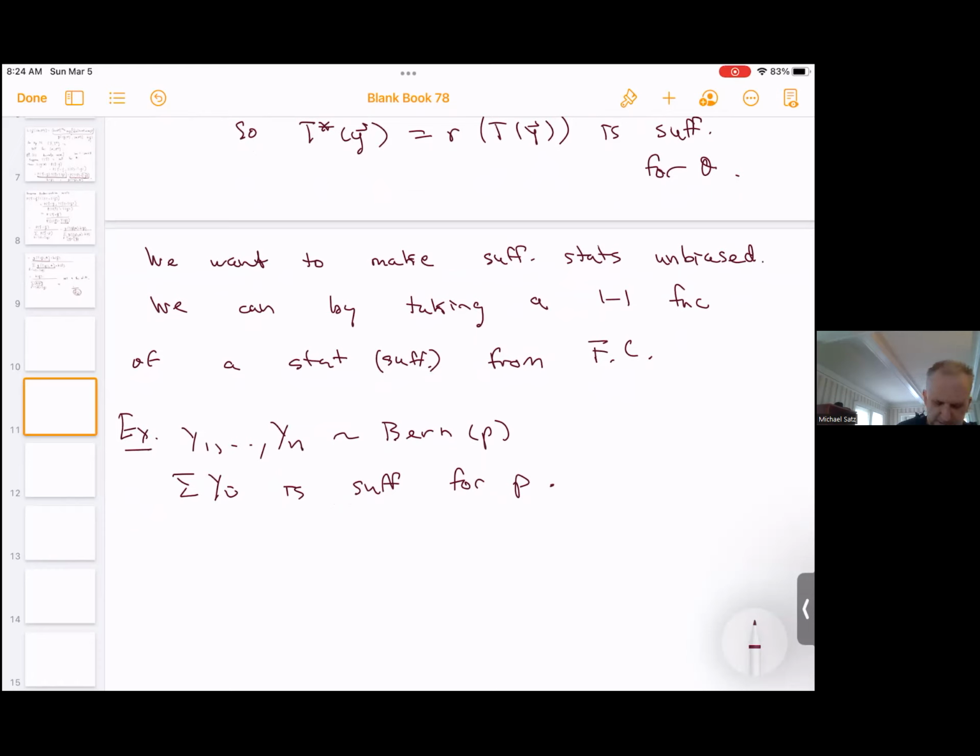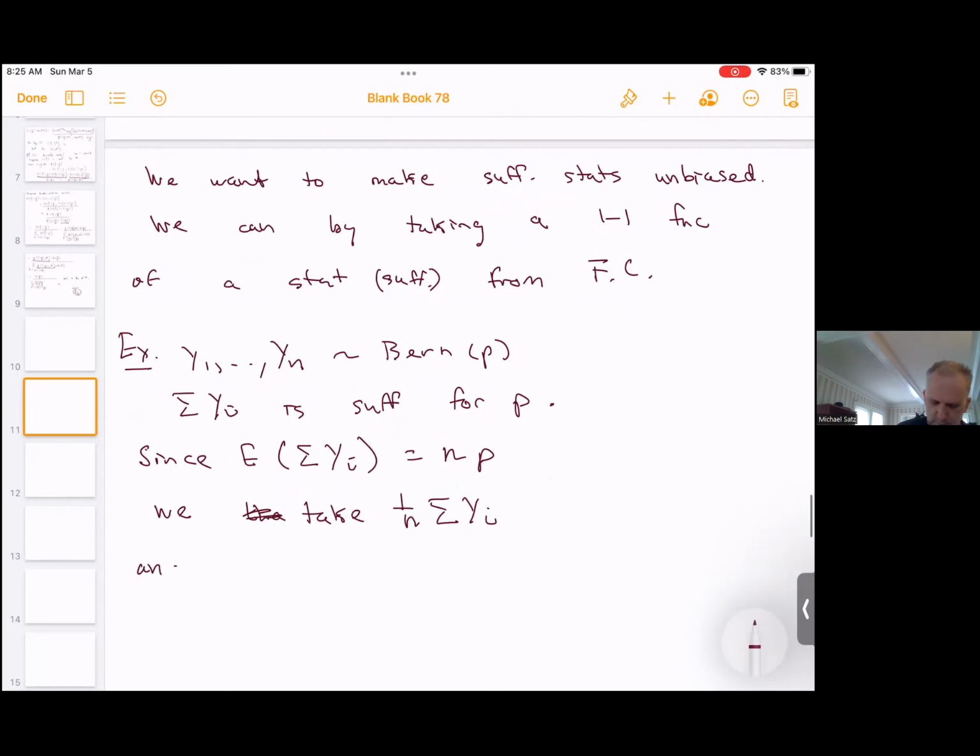So we have, since, and have, call it y bar.